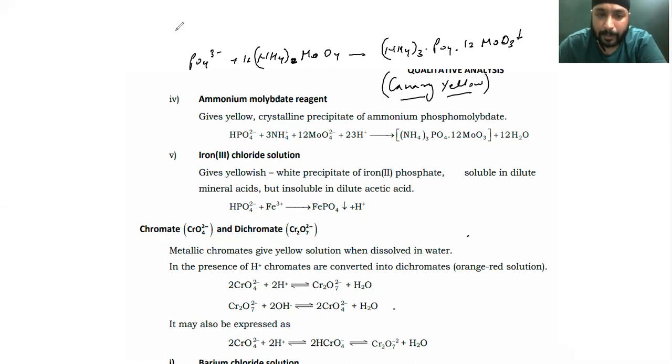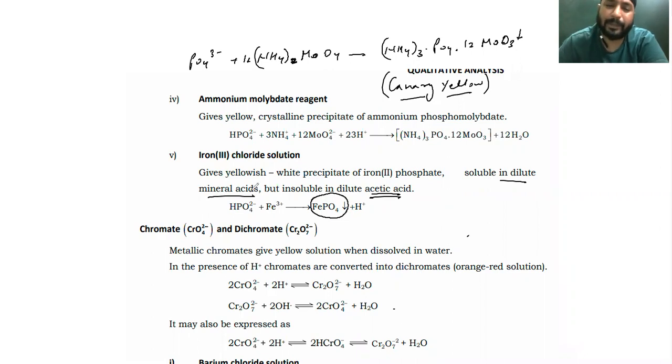Now after that you have iron(III) chloride solution. It gives a yellowish white precipitate of iron phosphate, soluble in dilute mineral acid. I'll get iron phosphate, which is a yellowish white precipitate, insoluble in dilute acetic acid but soluble in mineral acids.